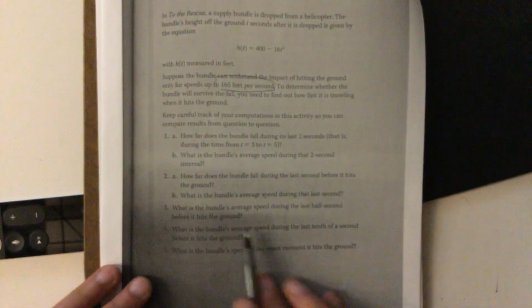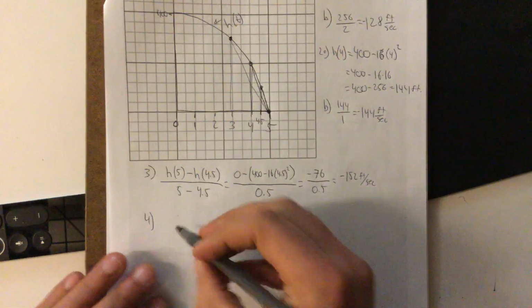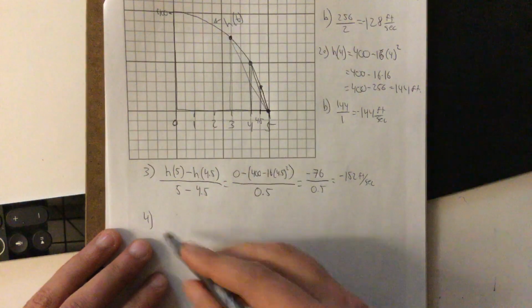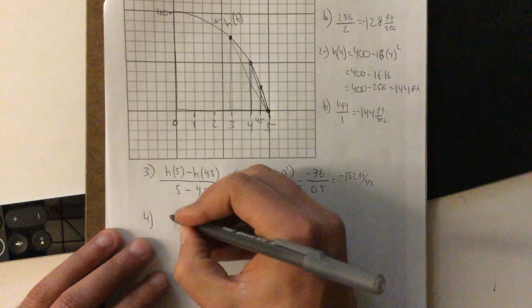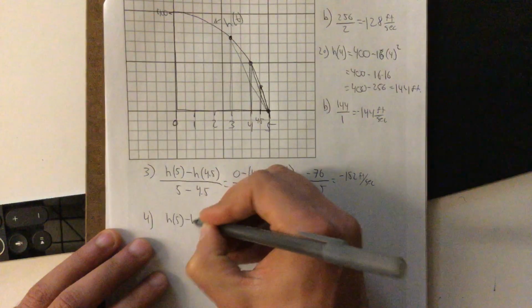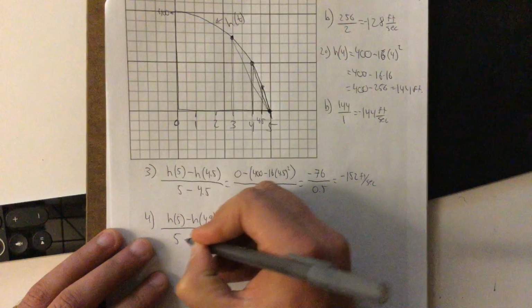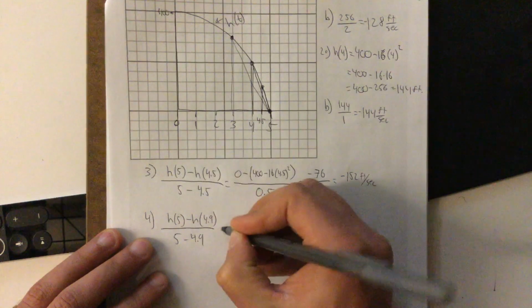Our next interval asks for us to measure the last tenth of a second. Okay, well, let's do it. Last tenth of a second, that means a tenth of a second is going to be 4.9 to 5.0. So we're going to measure our height at 5 minus our height at 4.9, divided by 5 minus 4.9.